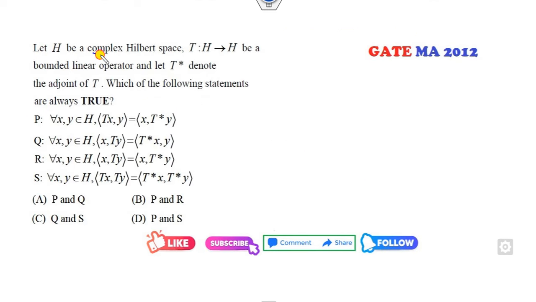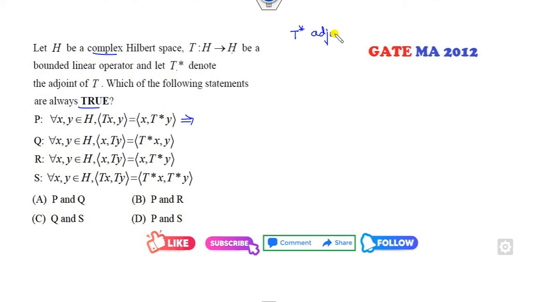Okay, let H be a complex Hilbert space. Define here, which of the following statements is true? What is the meaning of this? Tx is equal to T. So how can you think about this constant? Okay, T star is the adjoint.